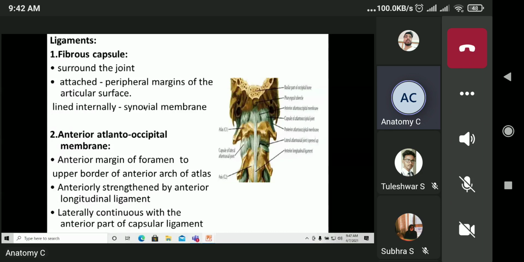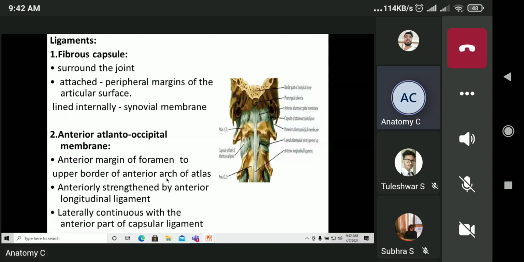There is another ligament, the anterior atlanto-occipital membrane, along with the anterior longitudinal ligament. Look at it. This is the anterior atlanto-occipital membrane. It extends from the anterior margin of the foramen magnum to the upper border of the anterior arch of the atlas.